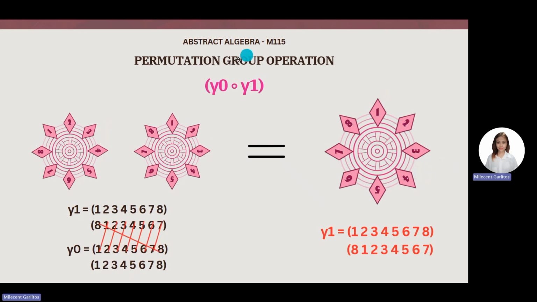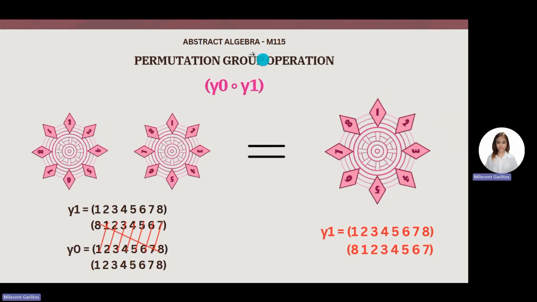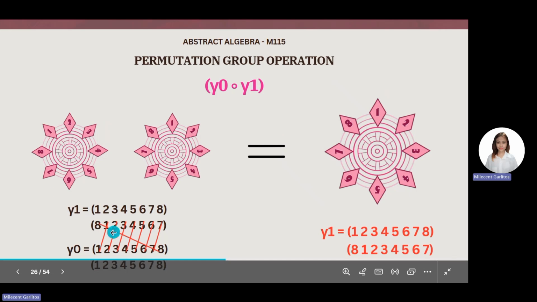So now we are going to change the gamma sub 0 in here and we are going to gamma sub 1. What do you think will happen? As I said a while ago, permutation is just mapping a set to itself. So if we have 8 here as the first number under gamma sub 1, we are going to map it to the number 8 from the ones below it.